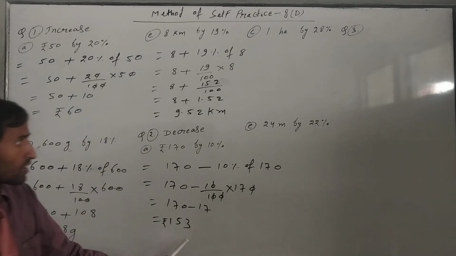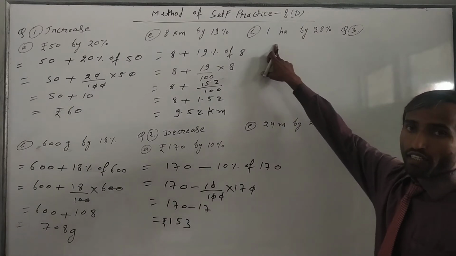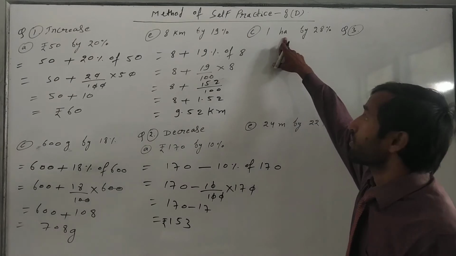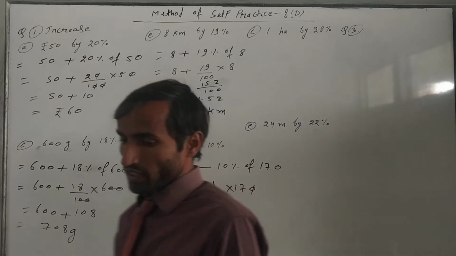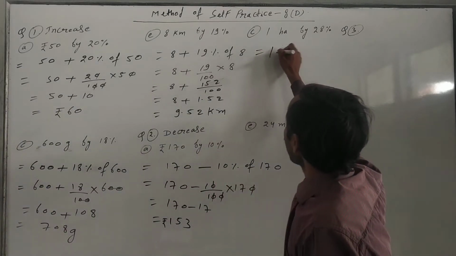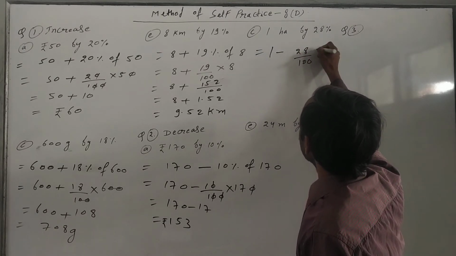Now in the C part, 1 hectare, where HA means hectare, we have to decrease by 28%. How will we do this? 1 hectare is given, so we subtract: 1 minus 28% of 1.